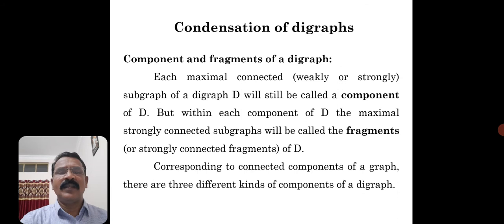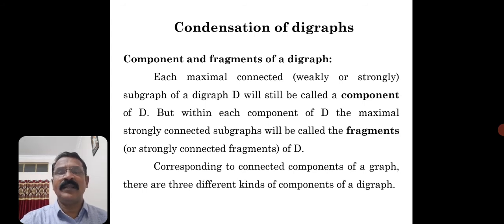Each maximal connected subgraph of a digraph D, it may be weakly connected or it may be strongly connected, will still be called a component of D. What do you mean by component of a digraph?